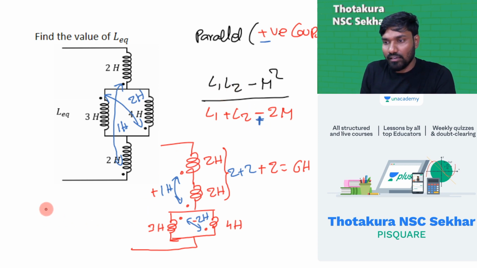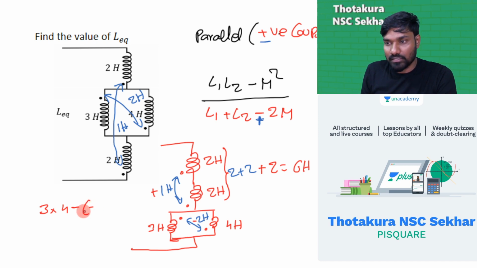L1 value is 3 into L2 value is 4 minus M square. M square is minus 2 square or 2 square, it's all the same. Since polarity I have given already, I'll use M square, that is minus 2 square.